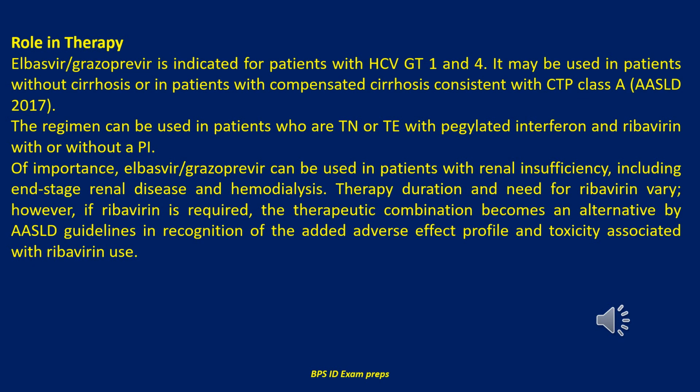Of importance, elbasvir plus grazoprevir can be used in patients with renal insufficiency, including end-stage renal disease and hemodialysis. Therapy duration and need for ribavirin vary, however, if ribavirin is required, the therapeutic combination becomes an alternative by AASLD guidelines in recognition of the added adverse effect profile and toxicity associated with ribavirin use.